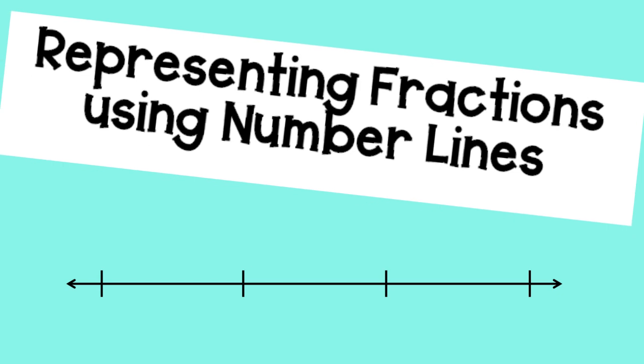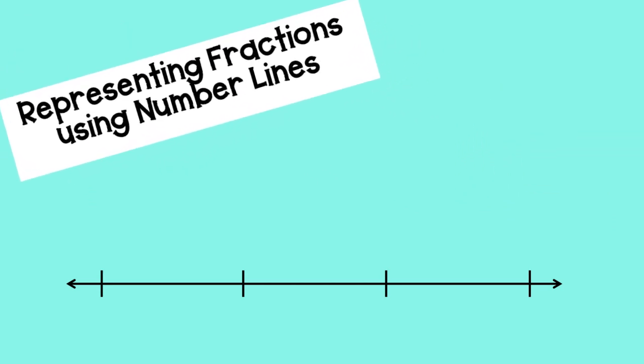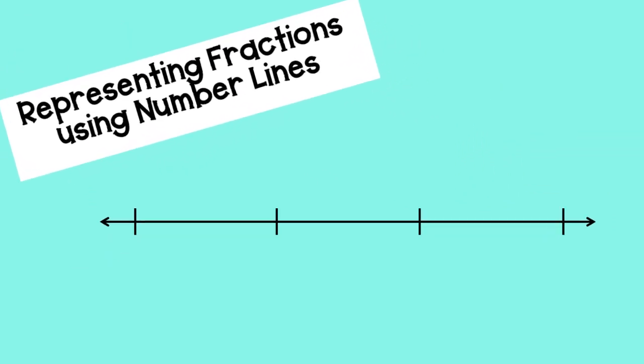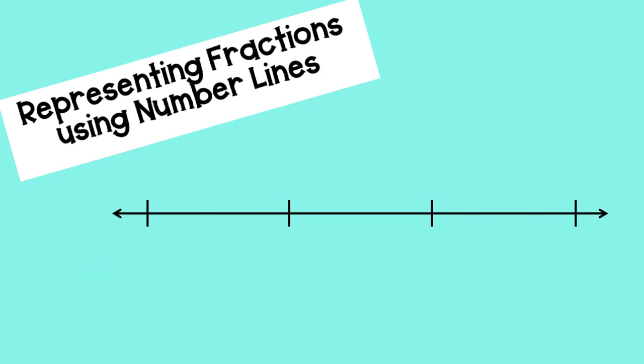To represent a fraction using a number line, first draw a number line. In this case, I'm going to be working with thirds again. So I have divided my number line into 3 equal parts. Then I just add my labels. This is 0, and I'm counting by 1/3.